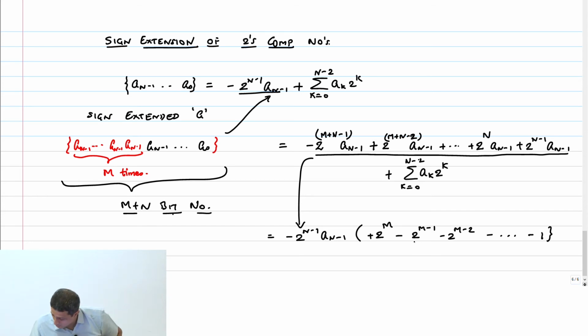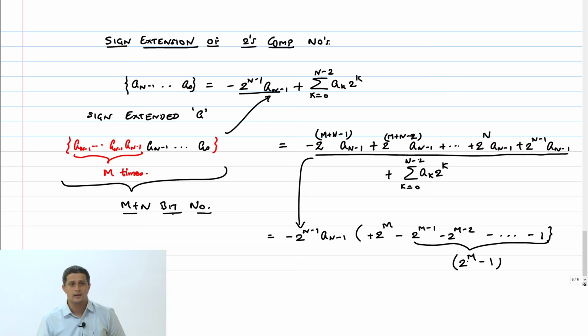What is this summation equal to? This summation is 2 power m minus 1. Therefore, we get minus 2 power n minus 1 a n minus 1 into 2 power m minus 1, plus 1, which is nothing but minus 2 power n minus 1 a n minus 1.